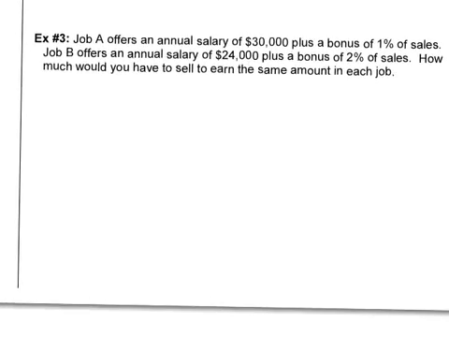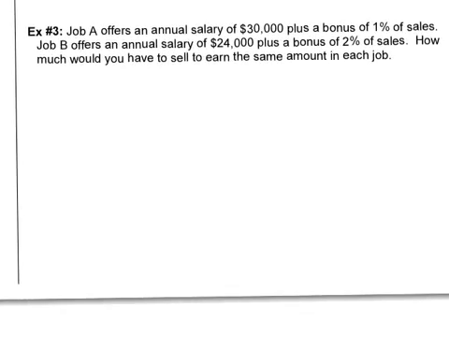Okay. Let's do this problem, because this one's a tad different. This one says that I have two job offers, basically, and the first job offers an annual salary of $30,000. So let's say we have $30,000 plus a bonus of 1%. Well, 1% is 0.01 of sales, and let's just make my sales X. So 0.01X.